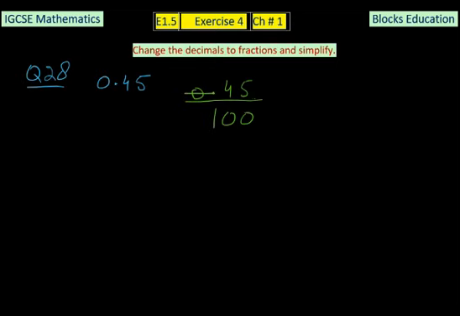So we have 45/100, and now we have to simplify, and clearly these can be divided by 5. So 5 9s are 45 and 5 20s are 100. So we have 9/20. Of course they cannot be simplified further, so the answer is 9/20. This is the fraction representation of decimal number 0.45.